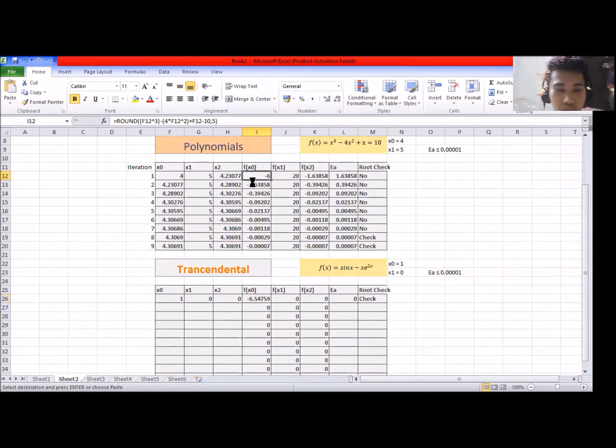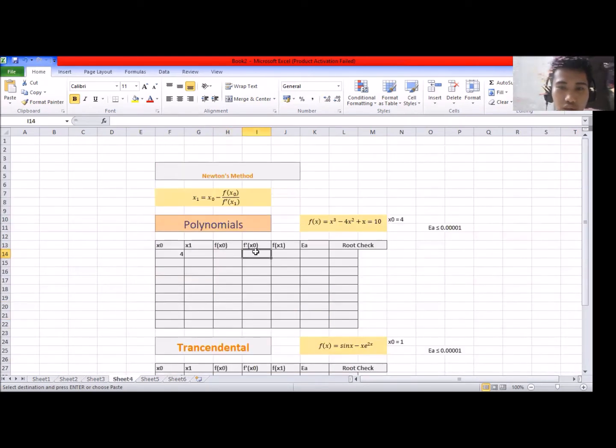Then here, because this is a derivative, what is the derivative of the function here? So we need to use equals to.